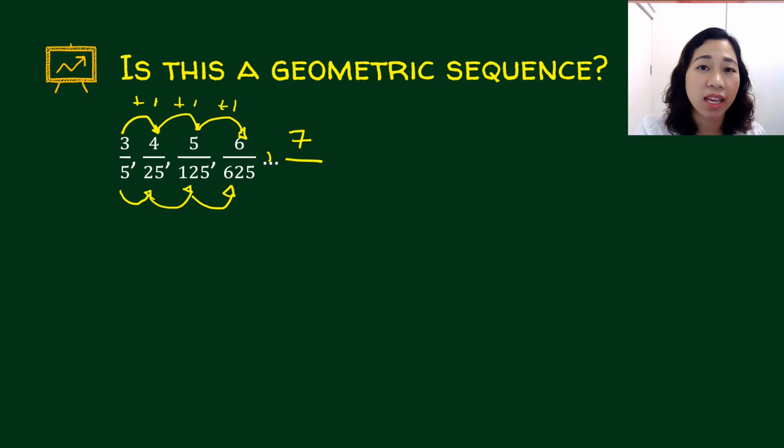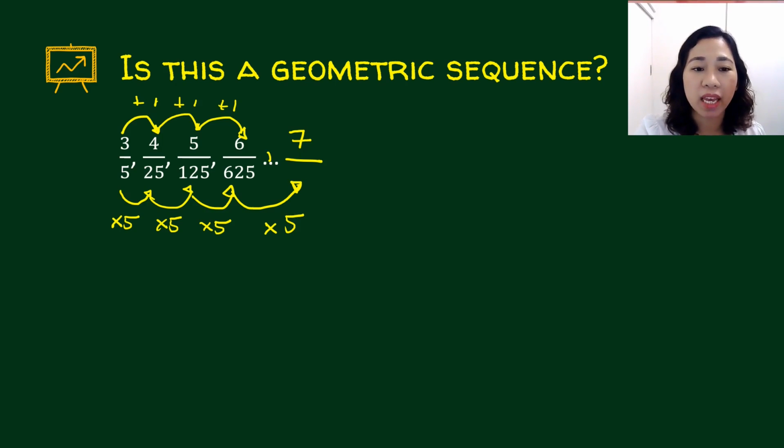What do you think is the pattern? Take note that 5, to become 25, you multiply by 5, right? 25 times 5 is actually 125. And 125, when you multiply again by 5, you get 625.